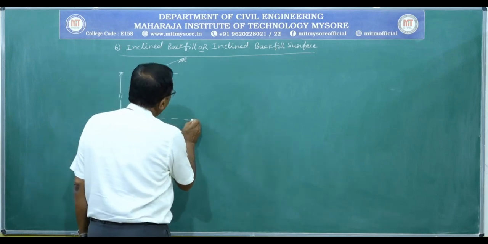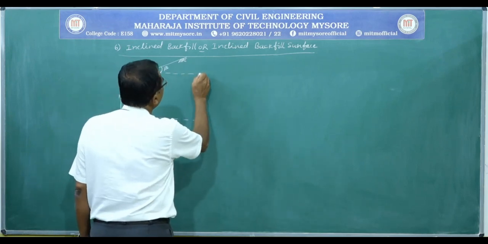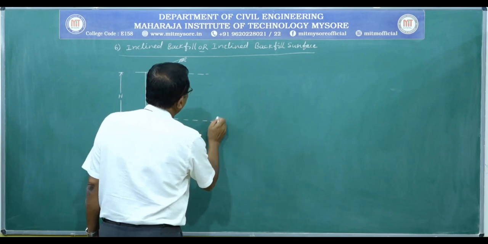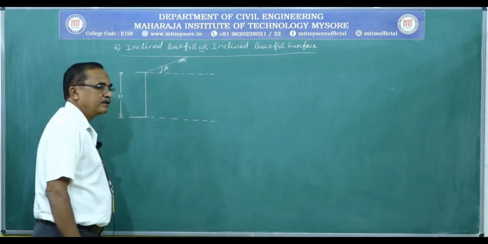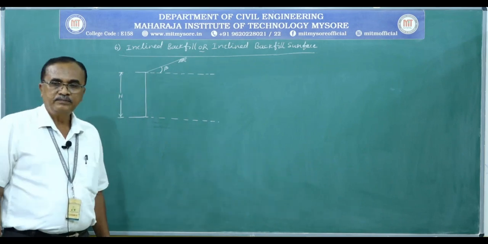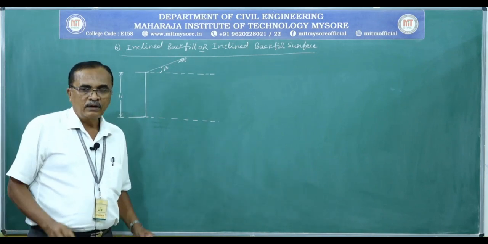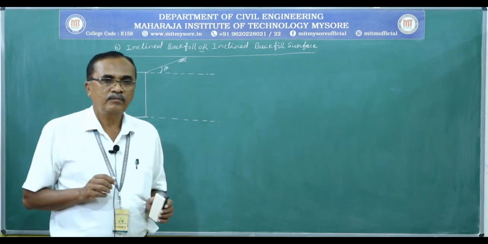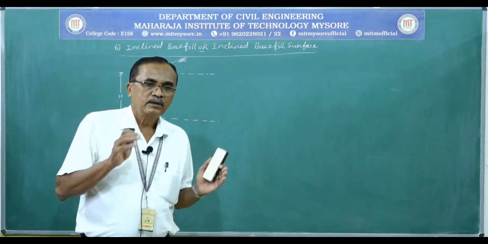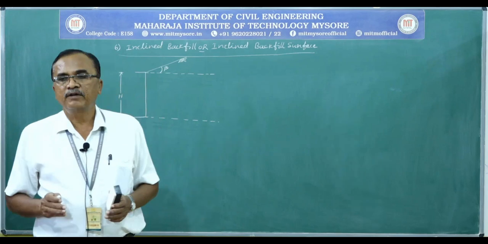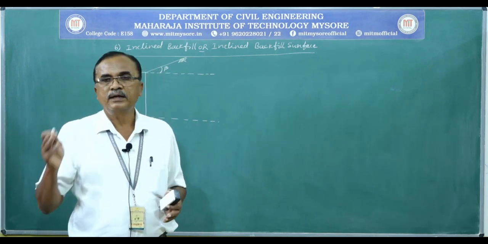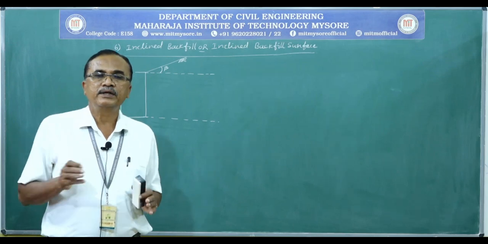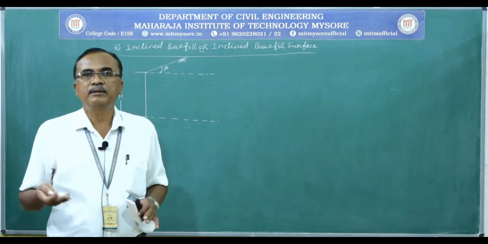So in the case of inclined backfill, an additional assumption is made to the Rankine's theory such that stresses are conjugate in nature, means the pressure developed at the back of the wall both in the vertical direction and the horizontal direction are conjugate in nature, means it is parallel to the backfill surface.